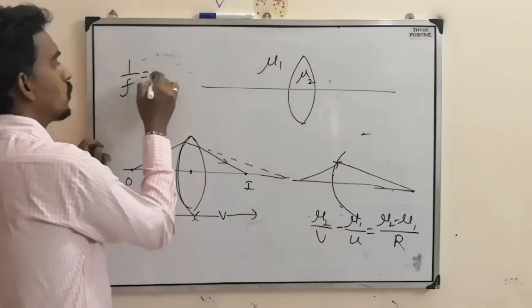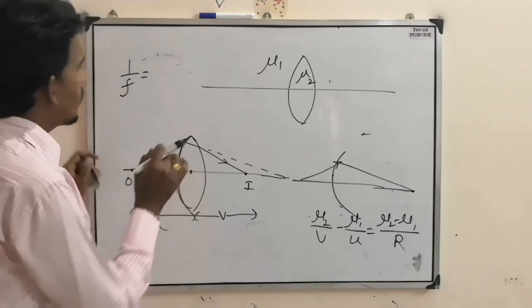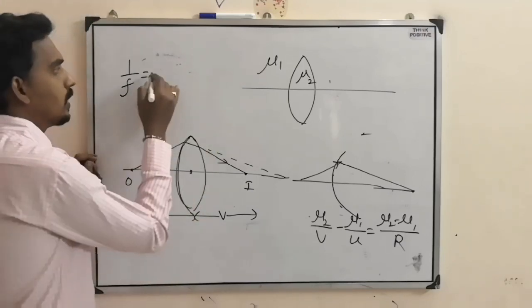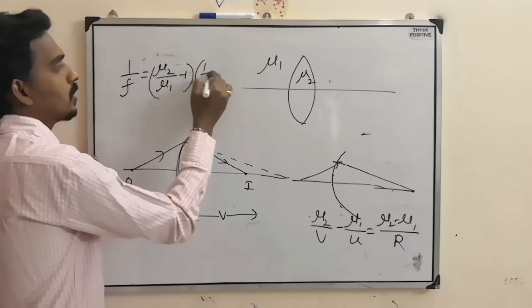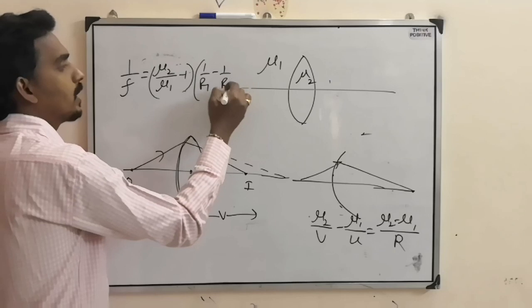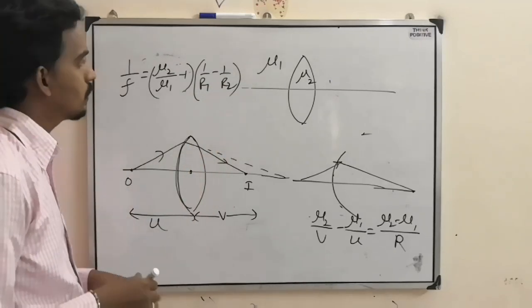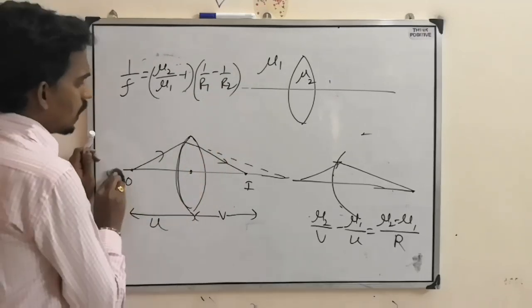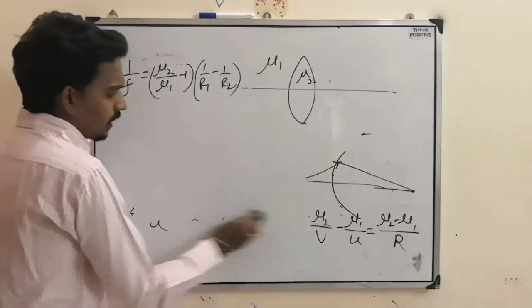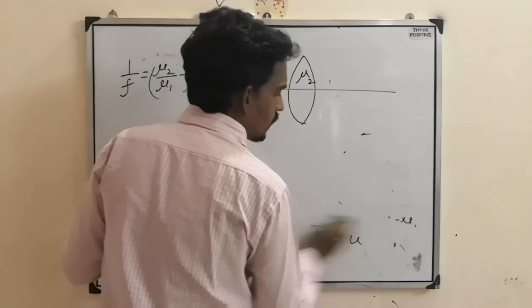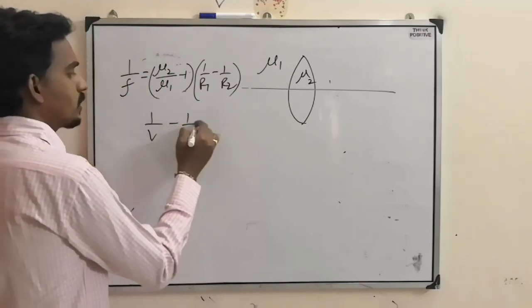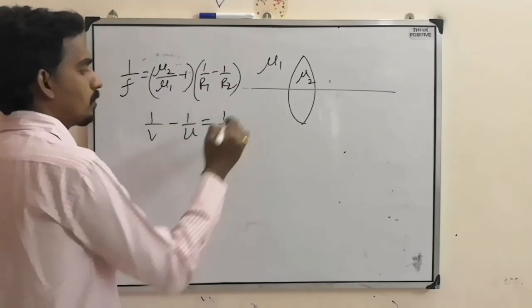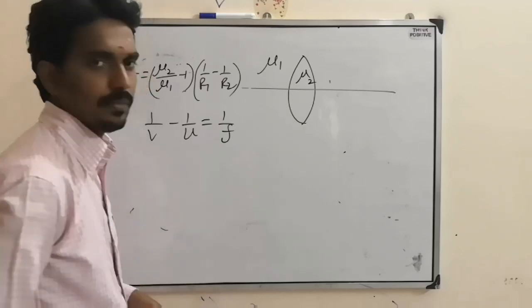The first thing you should know about the lens is the focal length: 1 by f equals mu2 by mu1 minus 1 times 1 by R1 minus 1 by R2. So this is the first thing. Next, the formula we derive is the relation between object and image distance, that is 1 by v minus 1 by u equal to 1 by f.